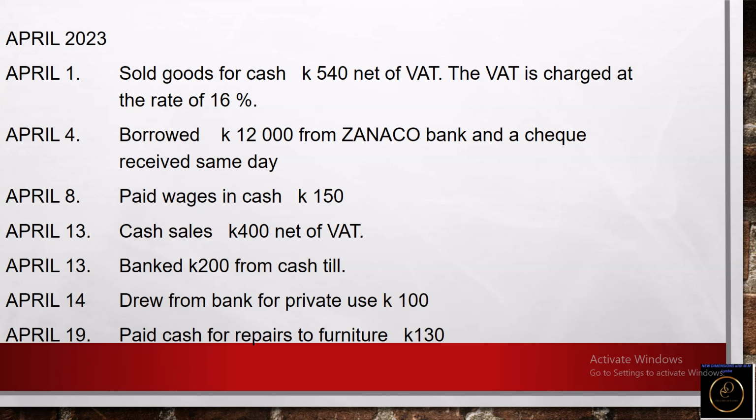So first April, we have sold goods for cash, 540 kwacha net of VAT. The VAT is charged at 16%. So since this is net of VAT, we are going to calculate 16% on the figure 540 to get the VAT.